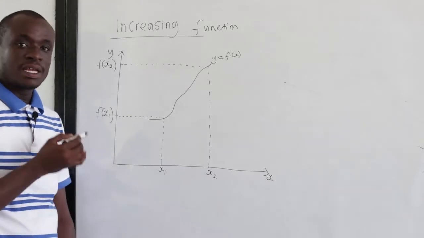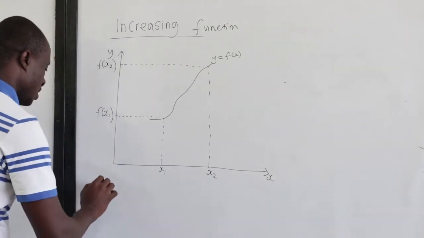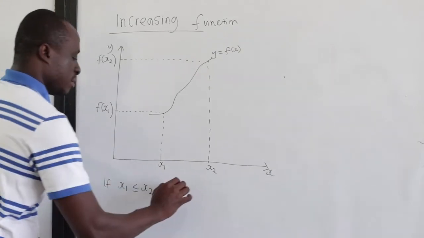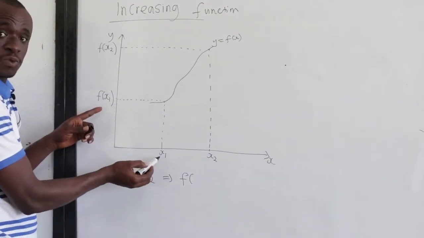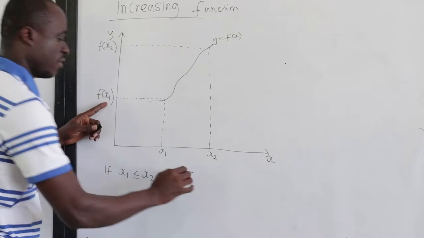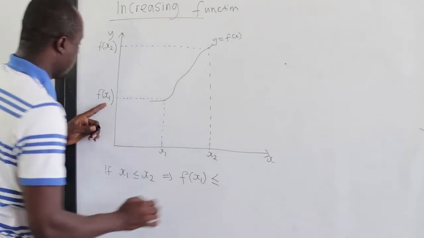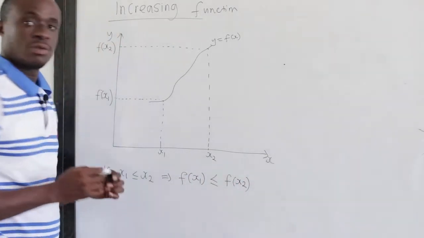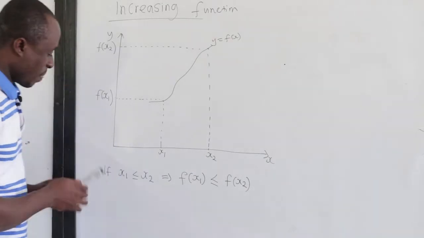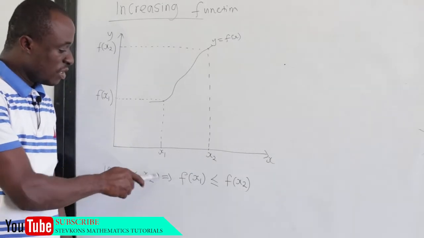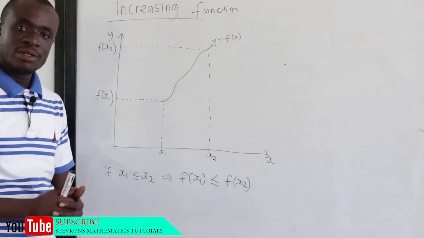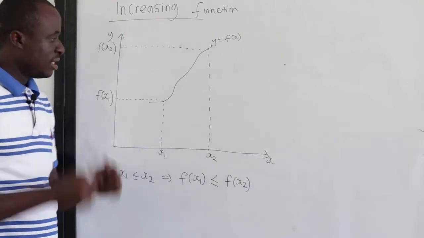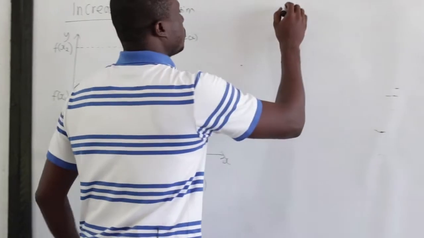Now, we say that a function like this is increasing if x1 is less or equal to x2 implies f of x1 is less or equal to f of x2. So we say that a function is increasing if x1 is less or equal to x2 implies that f of x1 is less or equal to f of x2. Then we say the function is increasing. Let's also consider decreasing.